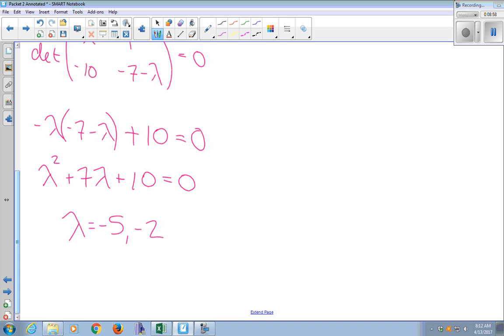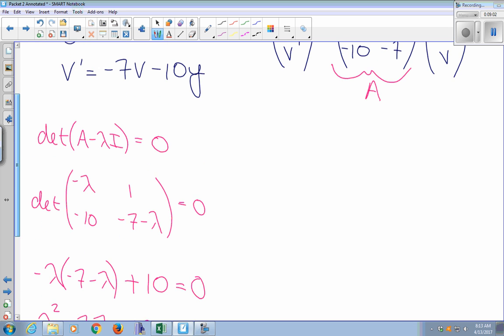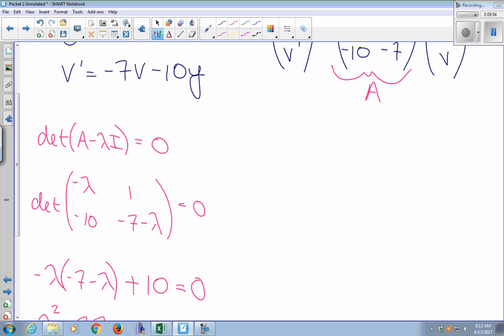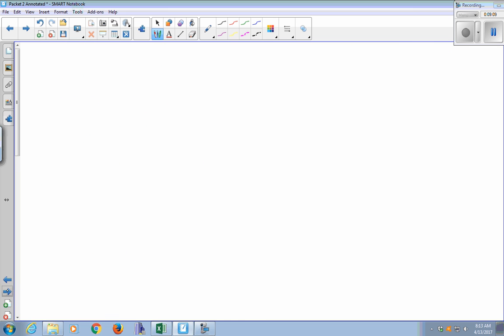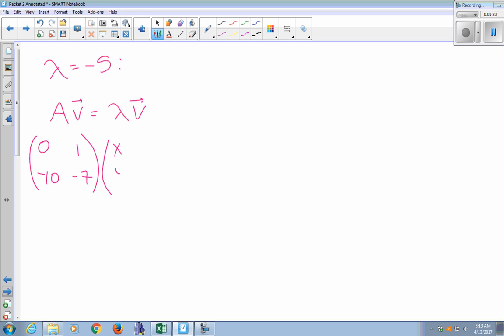All right, now we got to find eigenvectors. I'm just going to go to a new page, keep it neat. So for lambda equals negative 5, we need to solve Av equals lambda v. Sorry, it's not xy in this case, it's yv.